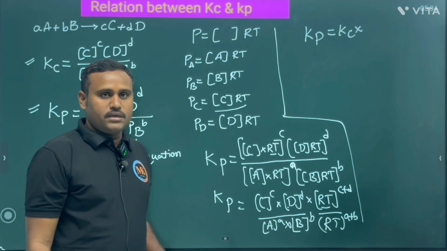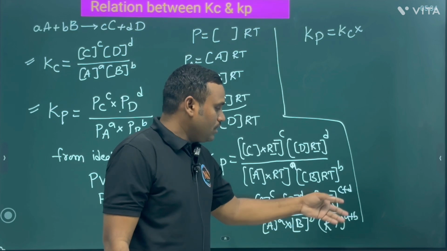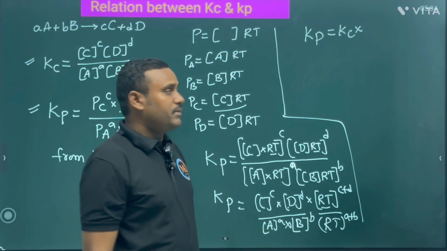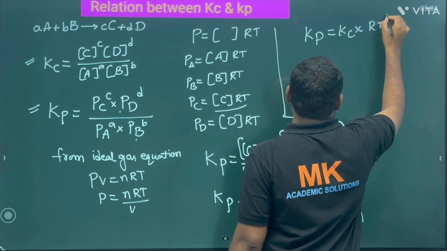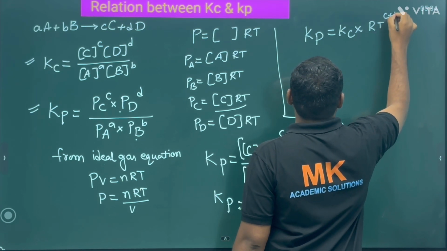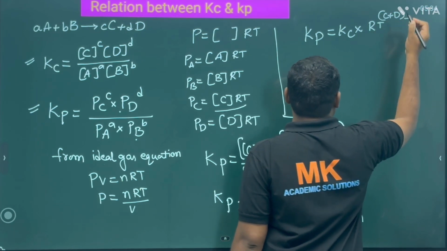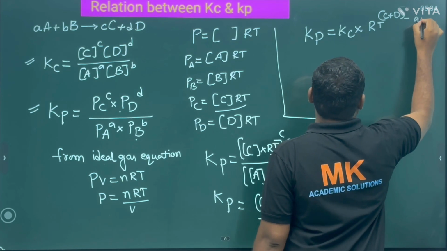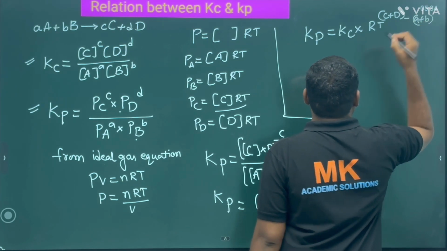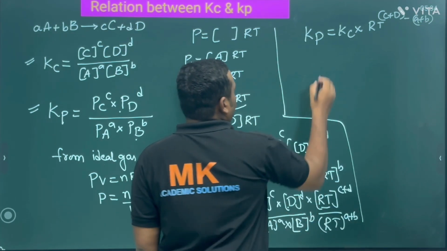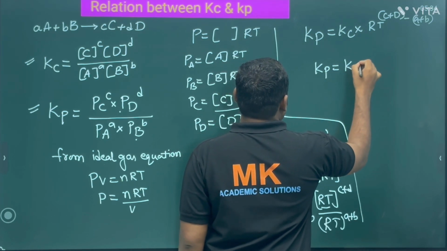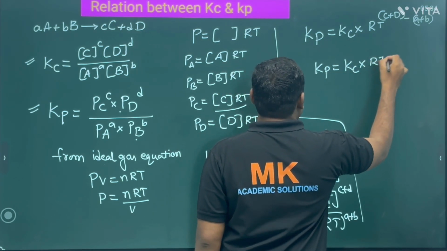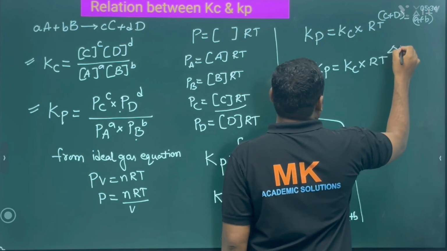Here the bases are the same but they are in a ratio, so the powers must be subtracted. Therefore RT to the power (c plus d) minus (a plus b). So Kp is equal to Kc into RT to the power delta n.